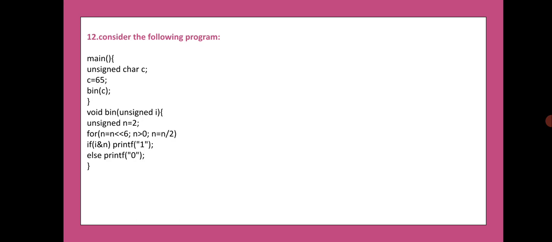See, let's represent 65. We are passing 65, right? Represent 65 in binary. When n is left shifted 6 times, it would become 128. Here is the explanation.